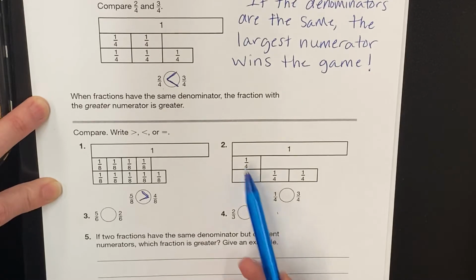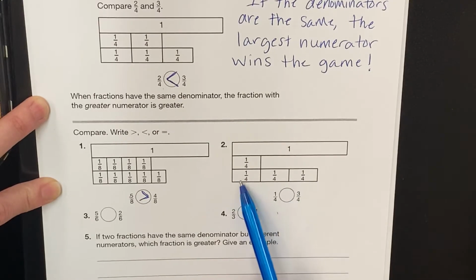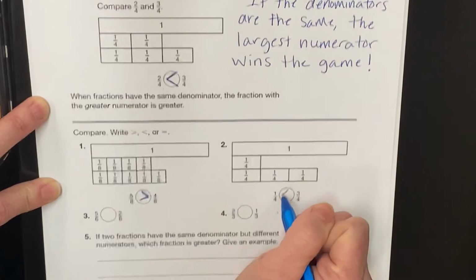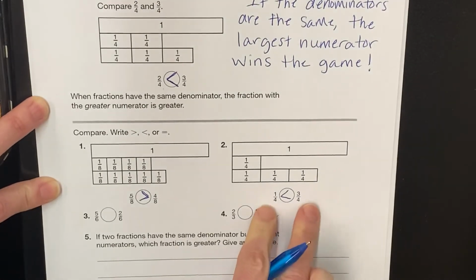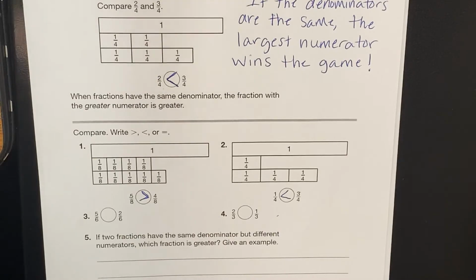Number 2, 1/4 and 3/4. 3/4 covers more of the one whole strip, and 3 is greater than 1. If the denominators are the same, the largest numerator wins the game.